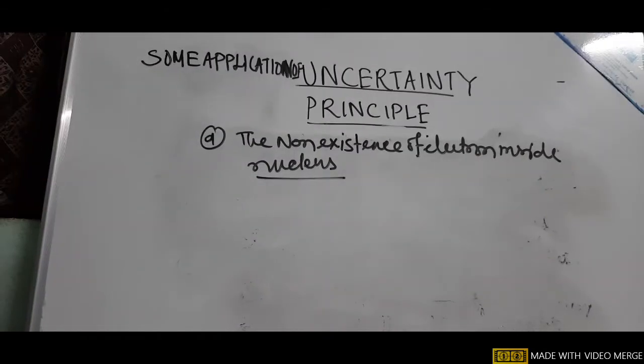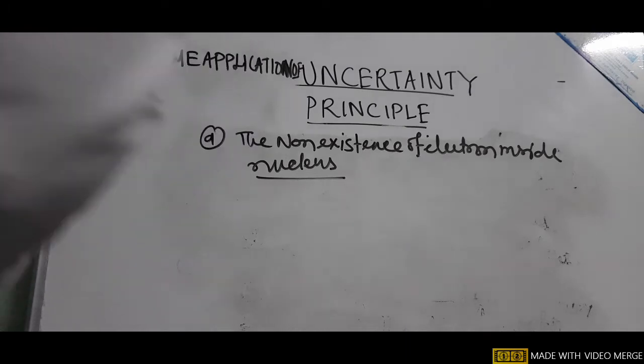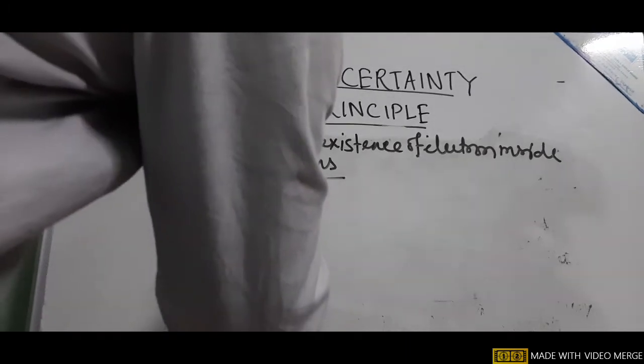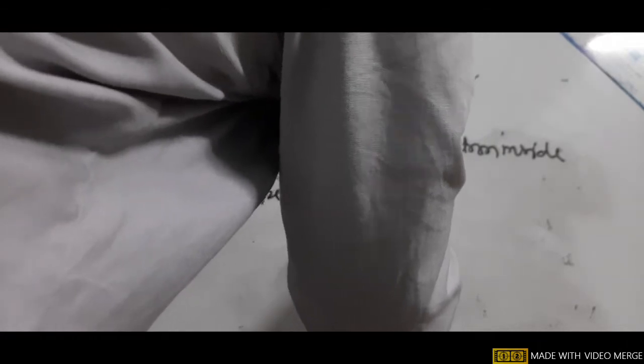As you know, the size of the nucleus is almost 1 Fermi, and that is equal to 10 to the power minus 15 meter. So we can say del x equal to 10 to the power minus 15 meter.